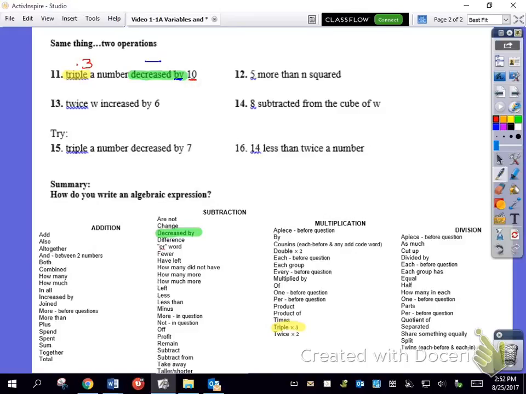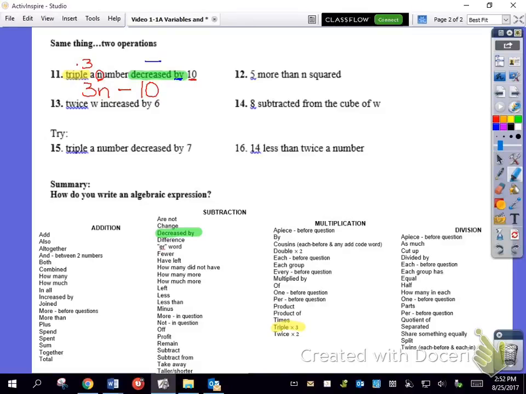I don't see a variable. Remember, a number is just a letter. But right here where it says a number, I can use that n. That is my variable to represent a number. Since I'm multiplying, I put the number first. So 3n, decreased is your minus, and then you have your 10. So 3n minus 10 is the algebraic expression to represent that.